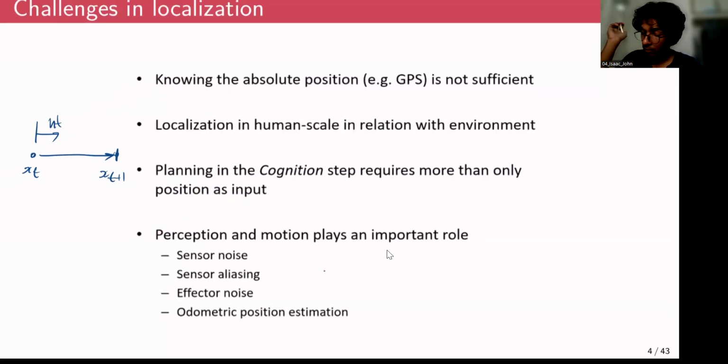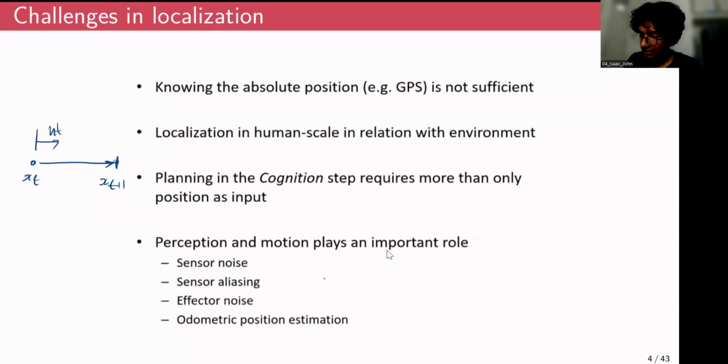And then there are several other challenges associated with sensors. This was the challenges associated with prediction, and now there are issues associated with sensors. The first one is sensor noise. If you can recall, we discussed something in the previous week called cross sensitivity of the sensors.